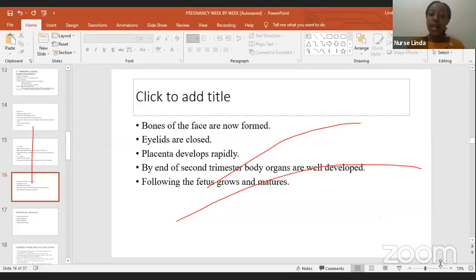And so it needs an intermediate between itself and the mother to be able to grow. So it is the placenta that takes the role of nourishing the embryo. And the fetus continues growing and maturing at each stage of the pregnancy.